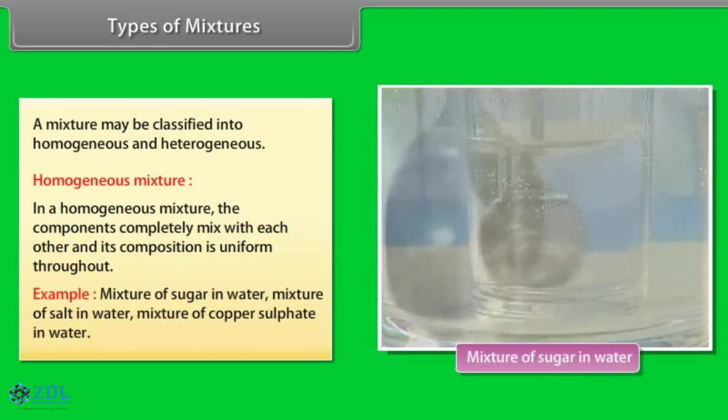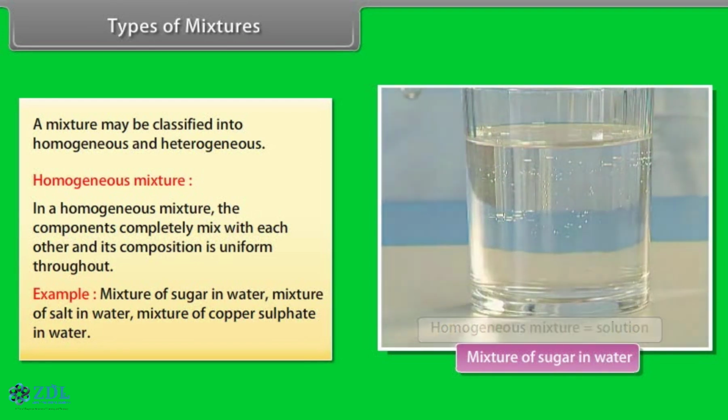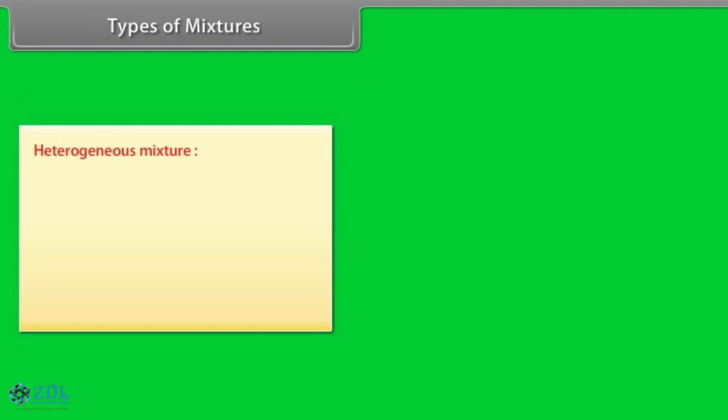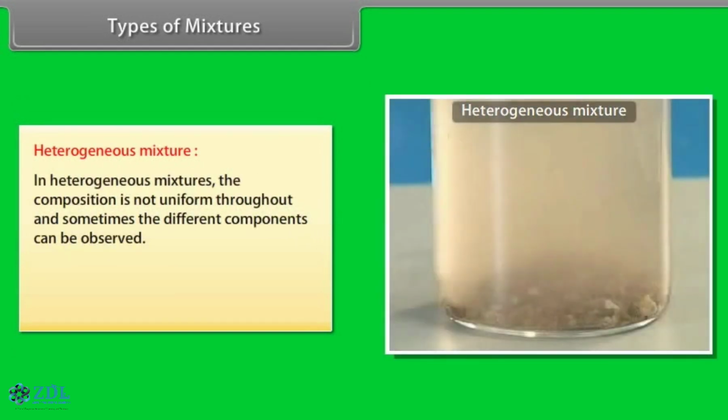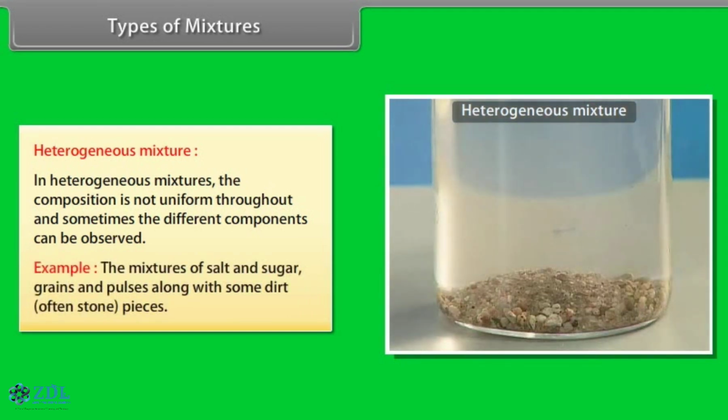Examples: a mixture of sugar in water, salt in water, copper sulfate in water. Heterogeneous mixture. In heterogeneous mixtures, the composition is not uniform throughout and sometimes the different components can be observed. Examples: the mixtures of salt and sugar, grains and pulses along with some dirt, often stone pieces.